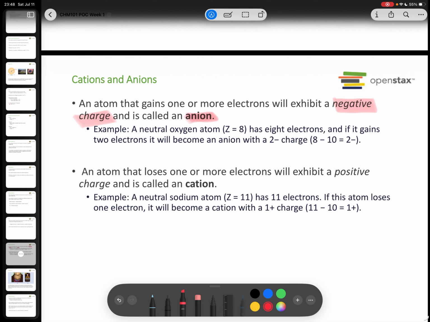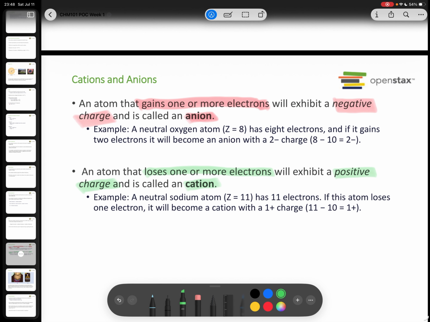If an atom loses electrons, it becomes positively charged naman. Okay? Kanina, if it gains electrons, it becomes negatively charged. Now, if an atom loses 1 or more electrons, it will exhibit a positive charge and tawag na sa kanya ay cation.